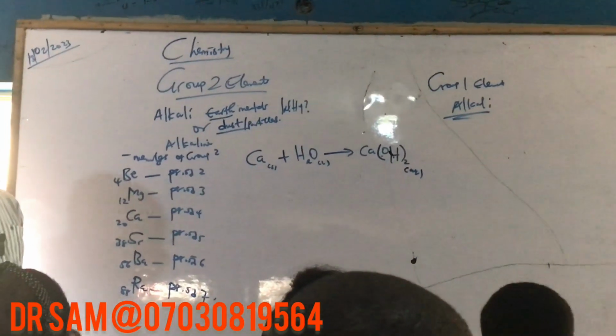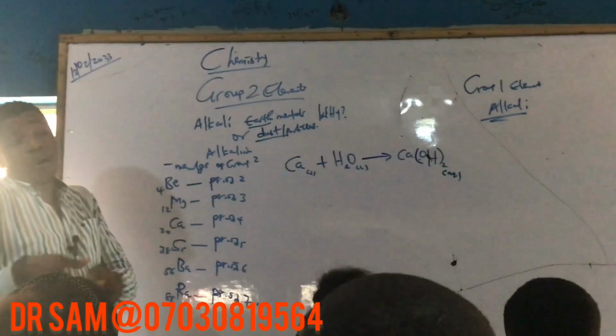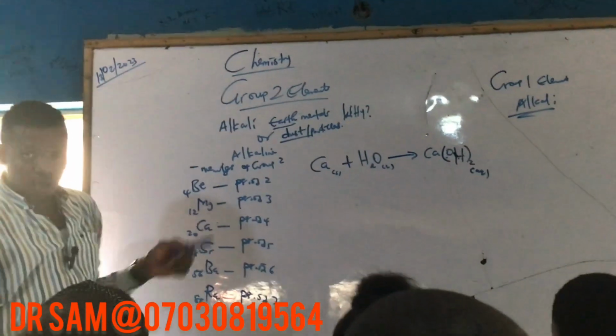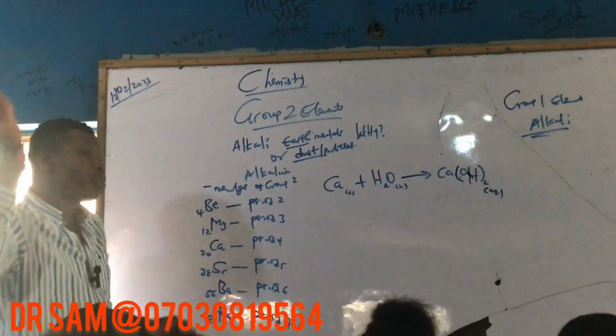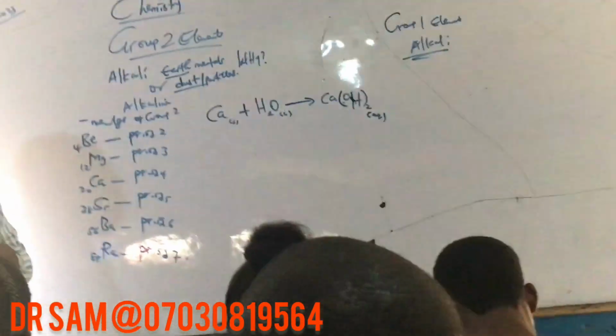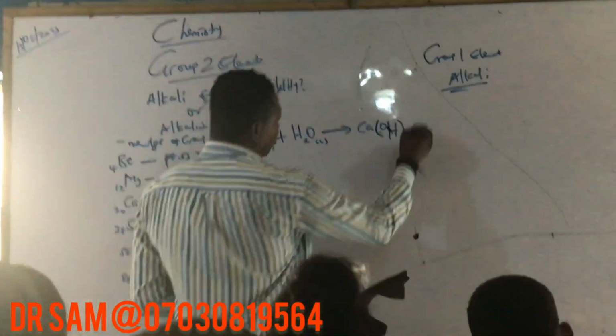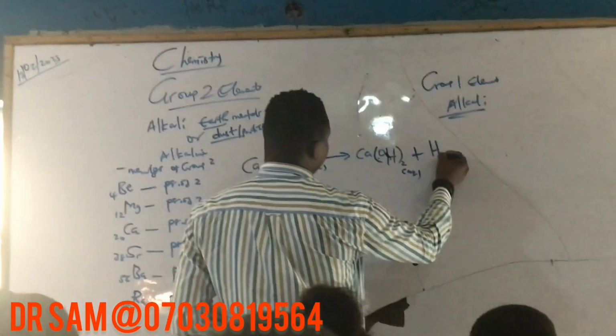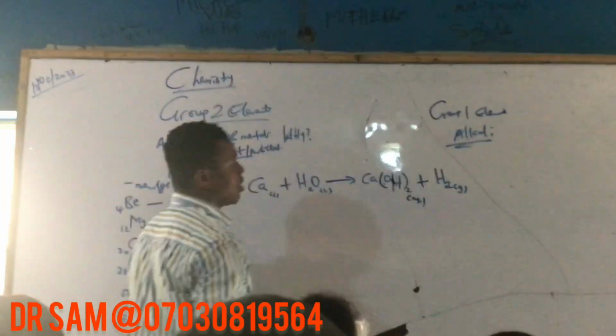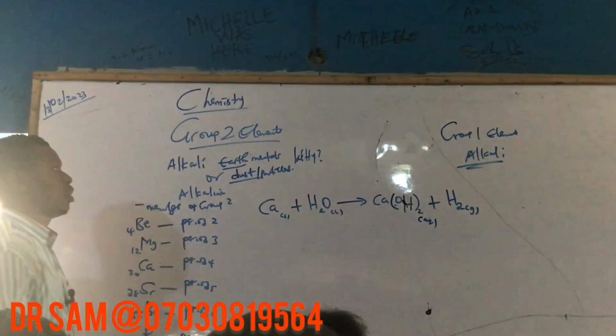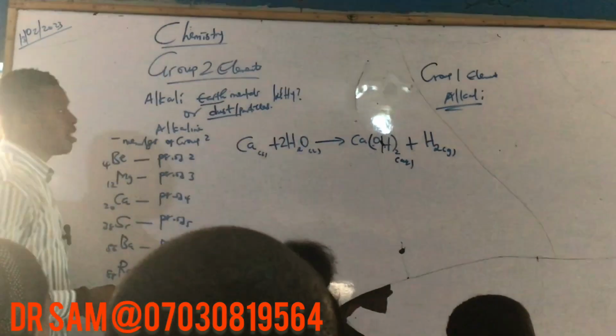Why is it aqueous? Because it dissolves. Any substance that dissolves completely in another, we call an aqueous solution. Then plus hydrogen gas, H2 gas. Then we balance the reaction. Just put 2 here and it's balanced.